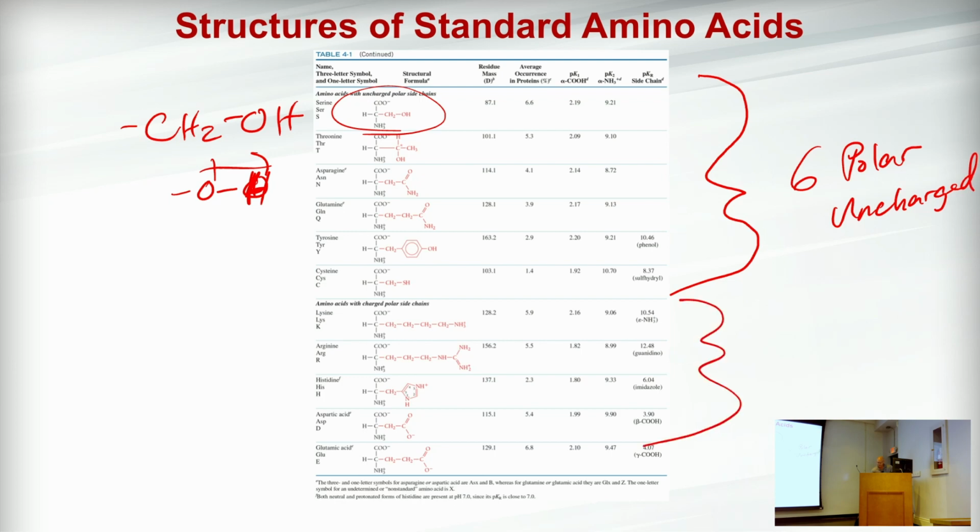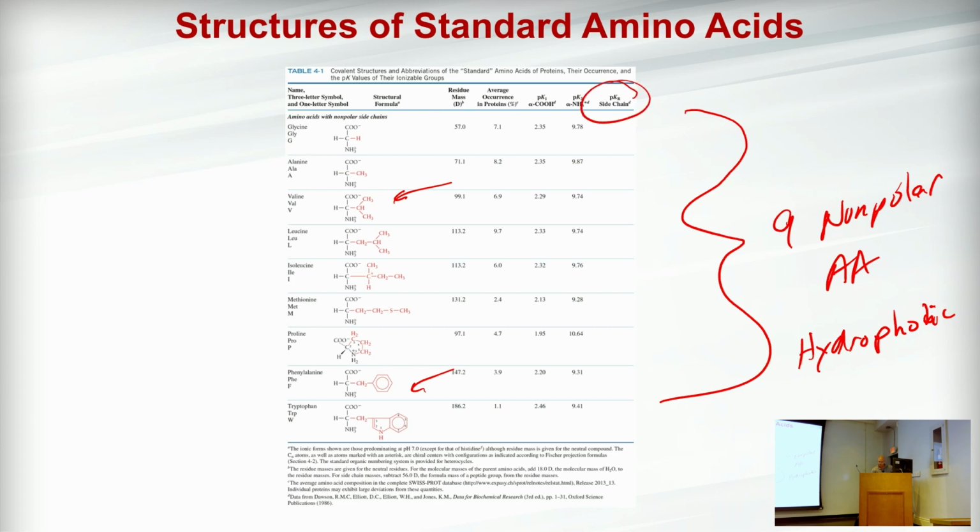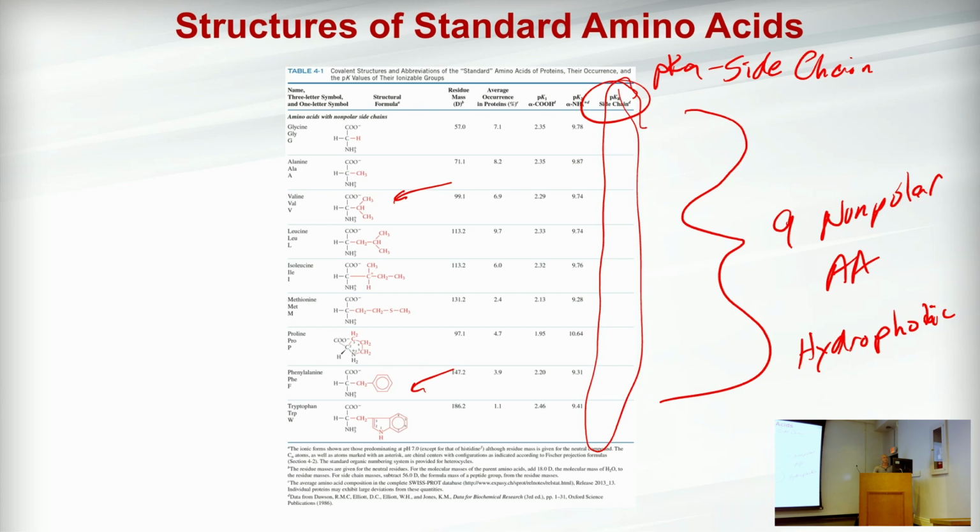And then we have 5 polar charged. Now, coming back to that whole pKa thing, you notice this column right here is the pKa of the side chain. And you'll notice this column is empty here, right? Because these are the non-polar amino acids.